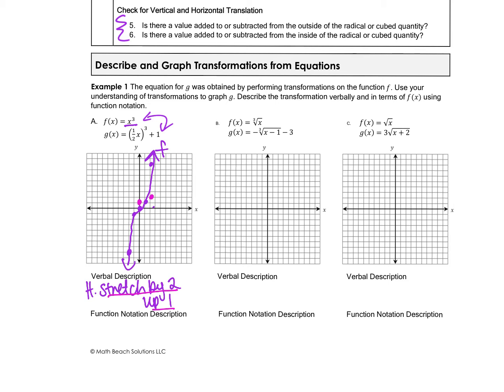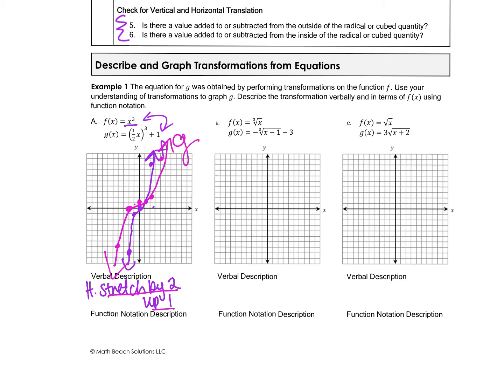Instead of being 2, 8, it's going to be 4, because we're having to multiply it by 2, and then 8. And then same thing on the other side. So left 2, down 1, and 1, 2, 3, 4. So there's my new function g.